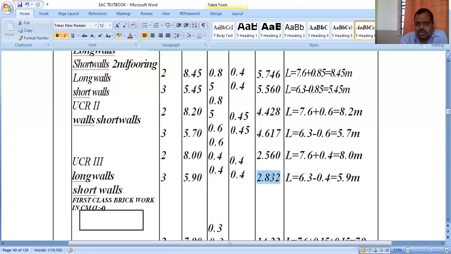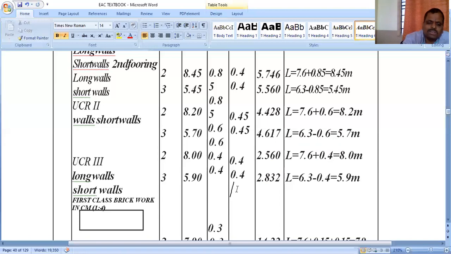Here is the total quantity of the short wall UCR masonry step 3, which is 2.832 cubic meter. We have calculated the quantity of UCR masonry for step 1, for step 2, and for step 3. Now we have to find out the total.